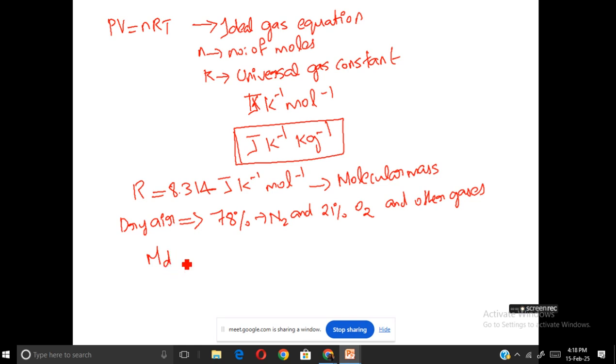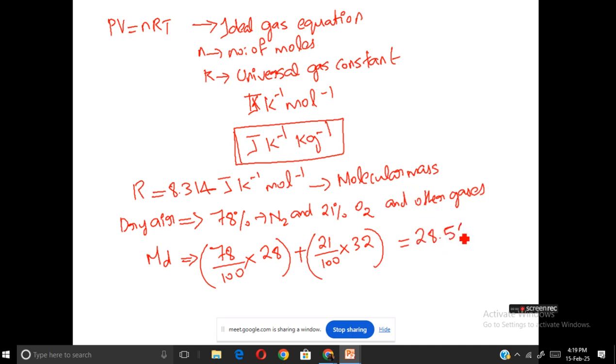The molecular mass of dry air, MD, is 78/100 times the molecular mass of nitrogen, which is 28, plus 21/100 times the molecular mass of oxygen, which is 32, which comes out to approximately 28.56 gram, or 28.56 × 10^-3 kilogram.